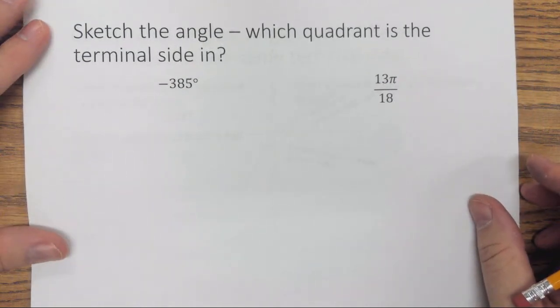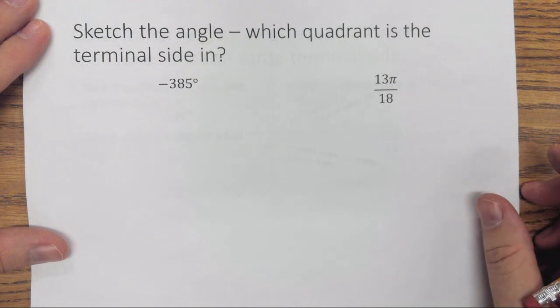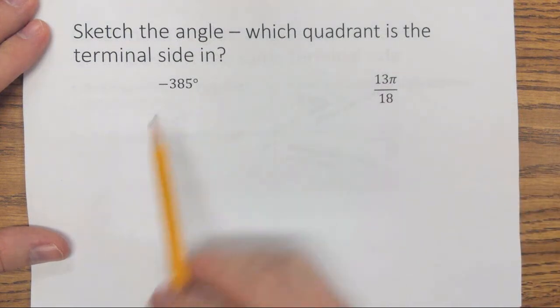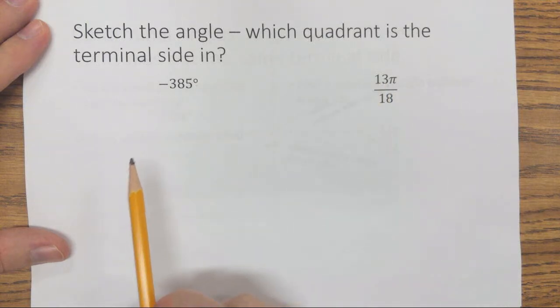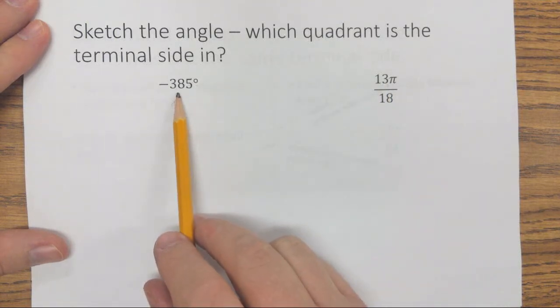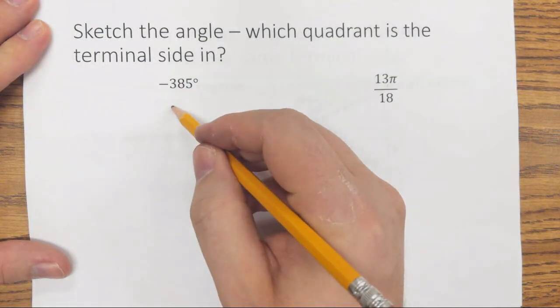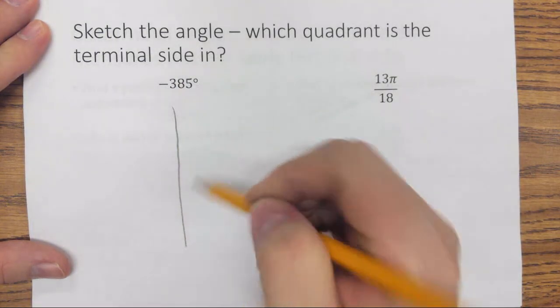Okay, a little bit of practice on this. We're going to sketch these two angles. Let's do negative 385 here. Let me draw a little coordinate plane for us.